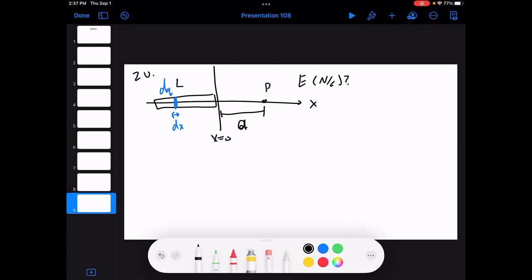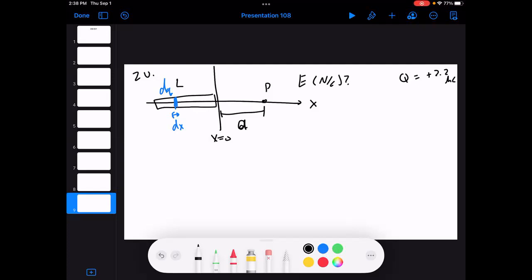Okay. And again, I really like the way they set this up. So let me tell you, the rod has a total charge of positive 2.2 microcoulombs. It is uniformly distributed.